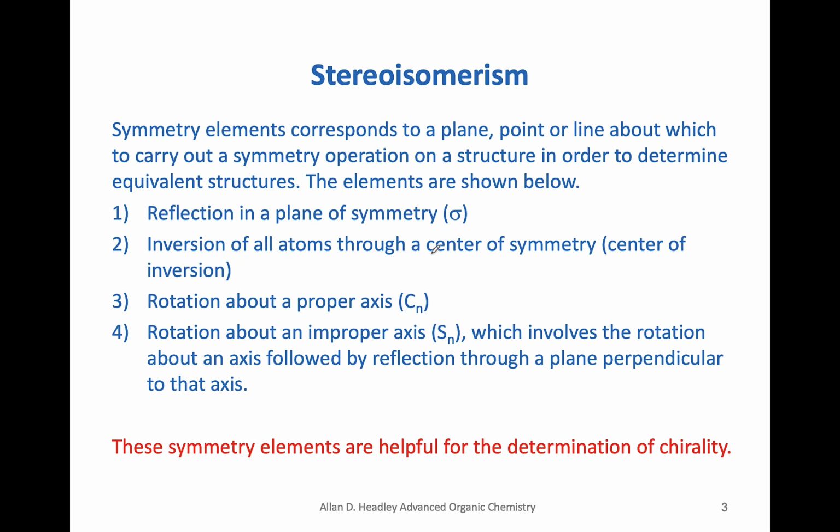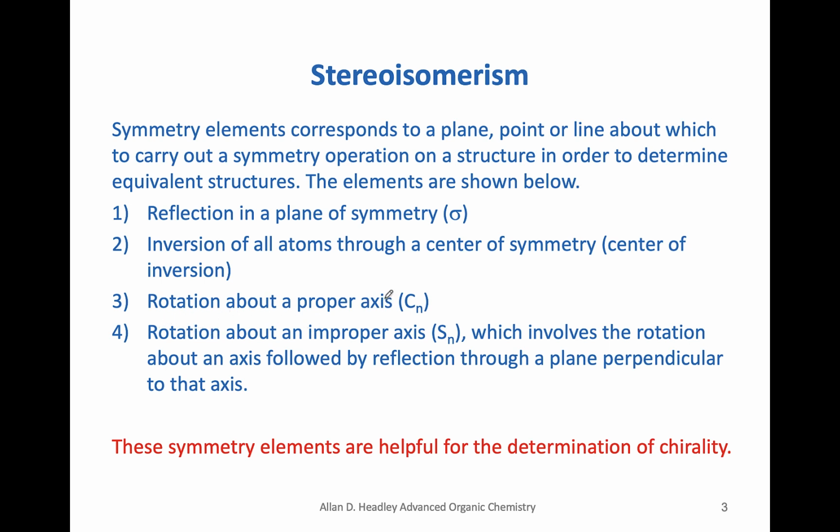Inversion of atoms through the center of symmetry. In other words, here you have a molecule and you determine the center of that molecule and see if there is an inversion going from one end to the other end, and determine if the groups are the same or not. Rotation about a proper axis.